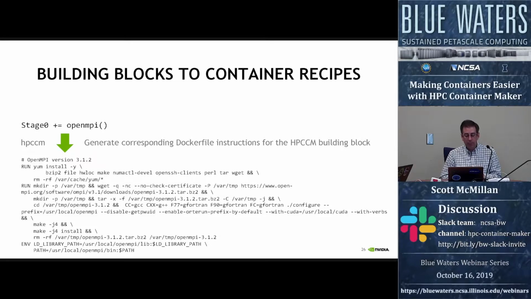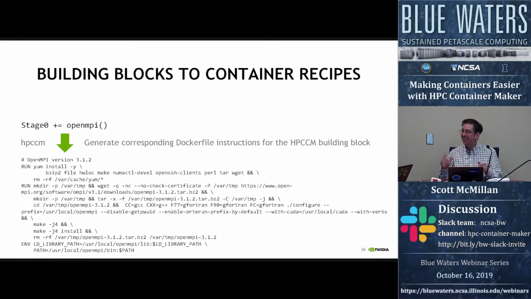So I assert this is much easier to do and more maintainable than actually typing out the blob below. And let me give you an example. In earlier versions of HPCM, it didn't install the numactl-devel package as a dependency.